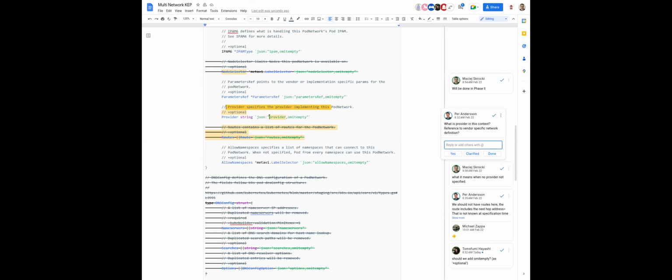Let's imagine Multus will provide a provider, and then in addition maybe AWS also provides a provider.